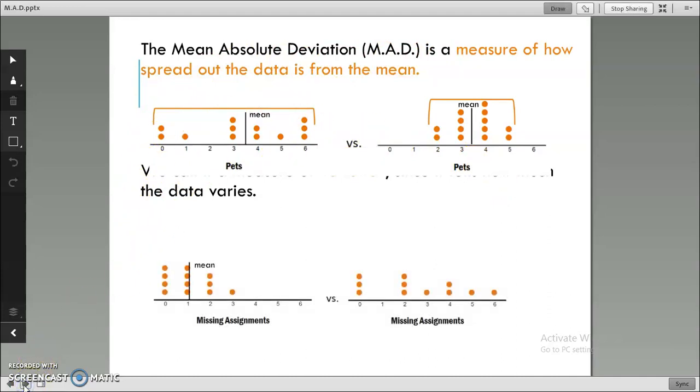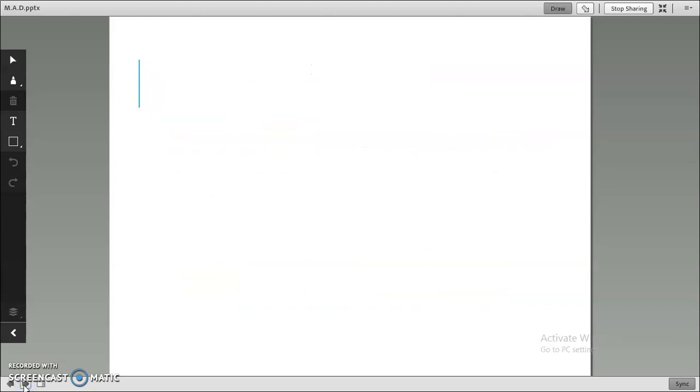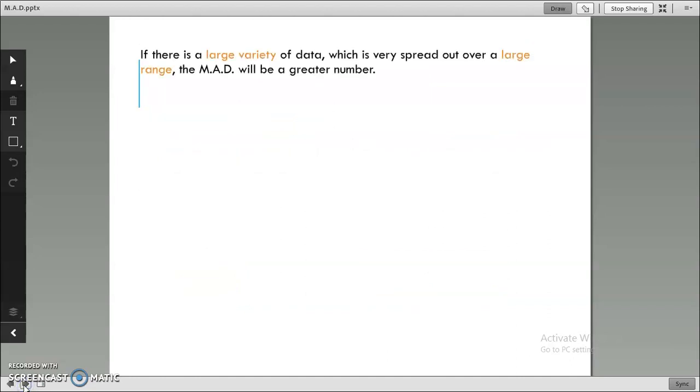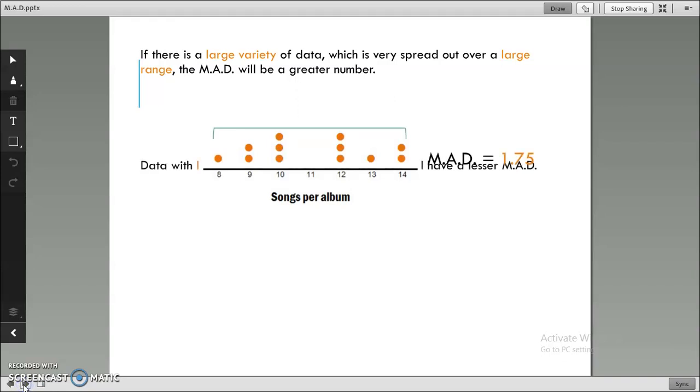Here's another example. We have the mean here and the mean here, and here is the spread. So if there's a large variety of data, which is very spread out over a large range, the mean absolute deviation will be a greater number. All right, so here's an example.